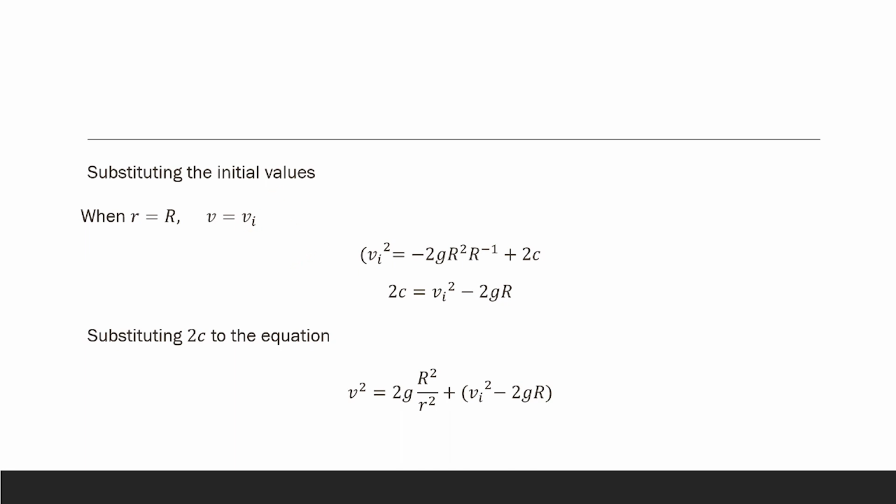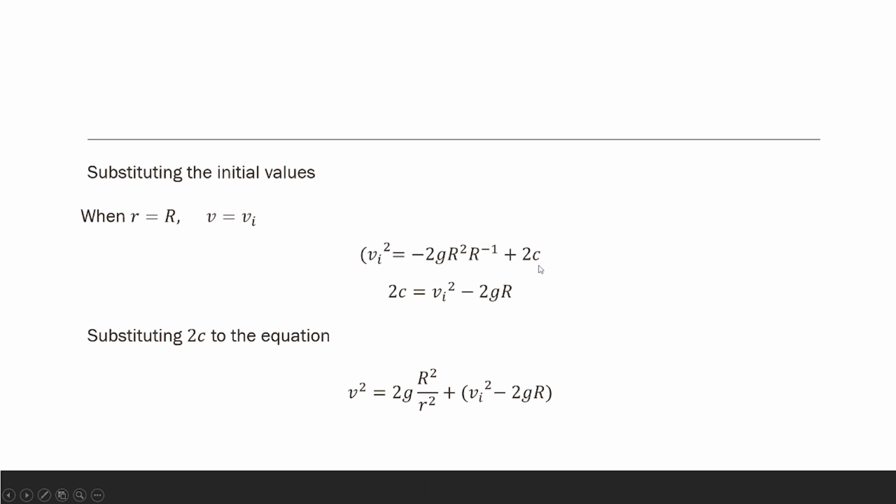So, in that case, class, we just substitute. We replace r with capital R, and v with vi. So, we arrive at this equation. We have vi squared is equal to 2gR squared, and then r is replaced by R, so it becomes R raised to negative 1, so that cancels, plus 2c.